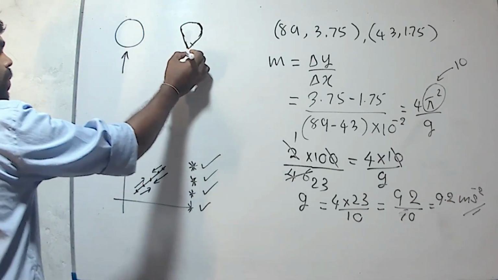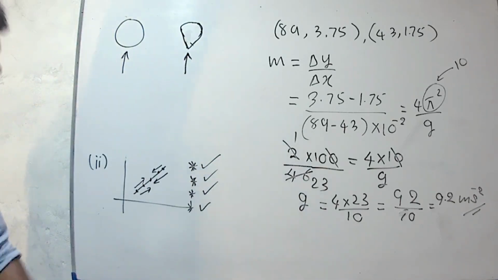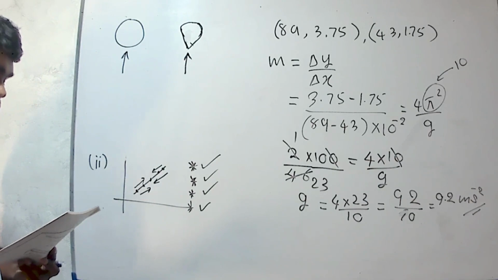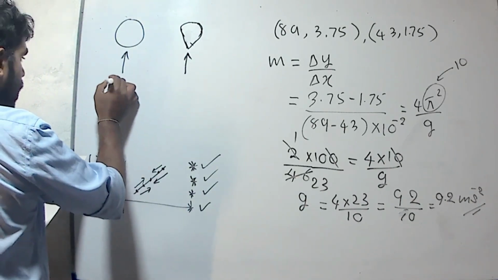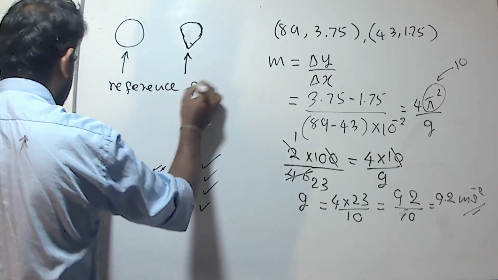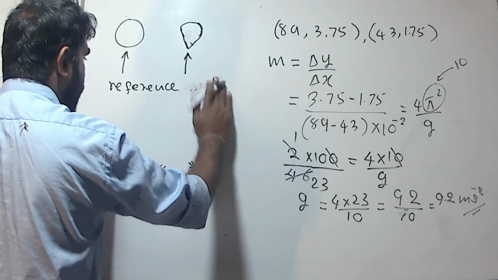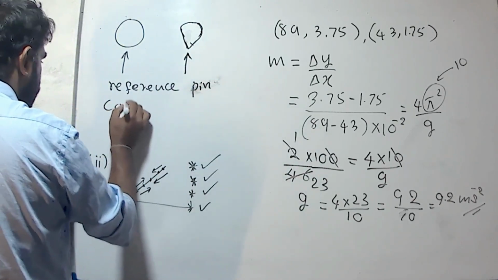It is easy to find the time by using this conical shape. Then we can get the advantage: the reference pin could be placed easily.